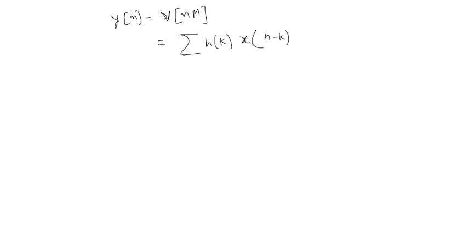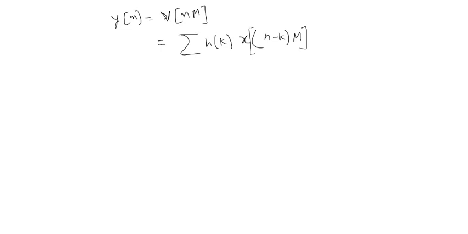Now what we have to do then? We have to pass it through a decimator. So what will be y of n? y of n will be v of nm. So in v of n just replace n by nm. So we will get the sum of h of k x of n minus k times m.